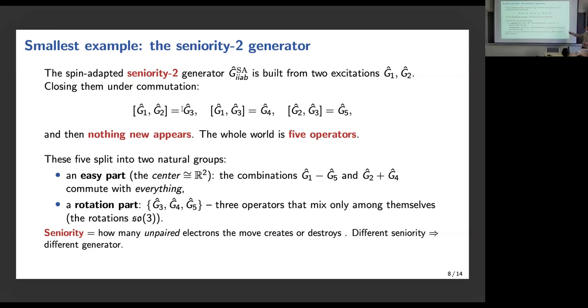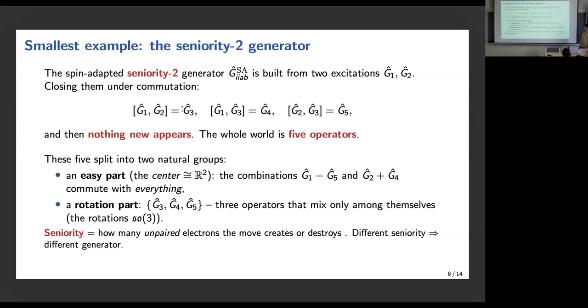You look at G1 and G3, you get another operator, you call that G4. You do G2, G3, you get G5. But then after that, when you do, say, G3, G4, or you do G4, G5, then you get G3 again, and stuff like that. So the main point that I'm trying to make here is that you get closure within these 5 operators. Now, how does that make our life easier?